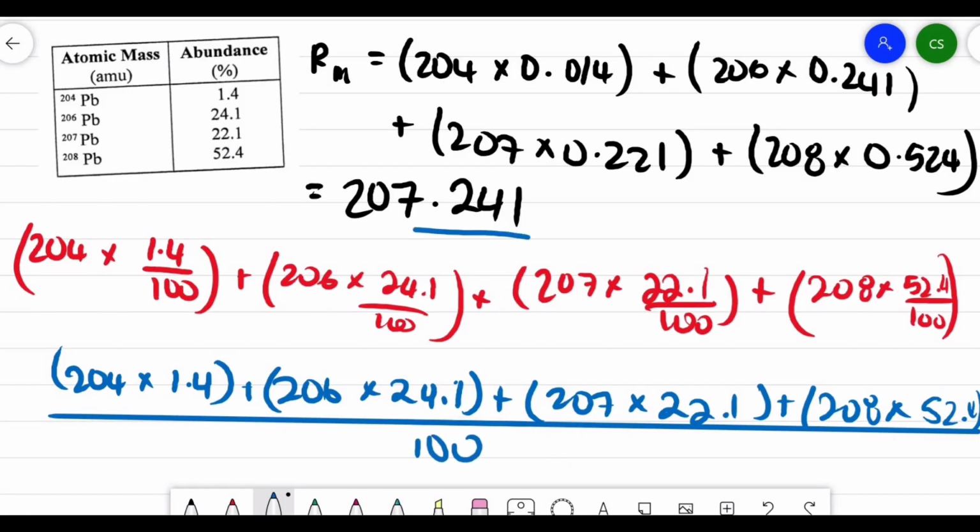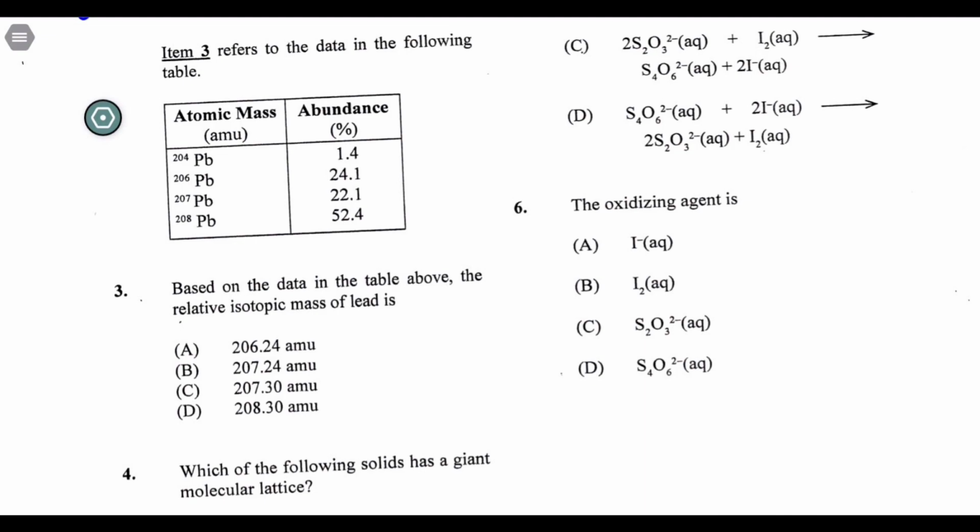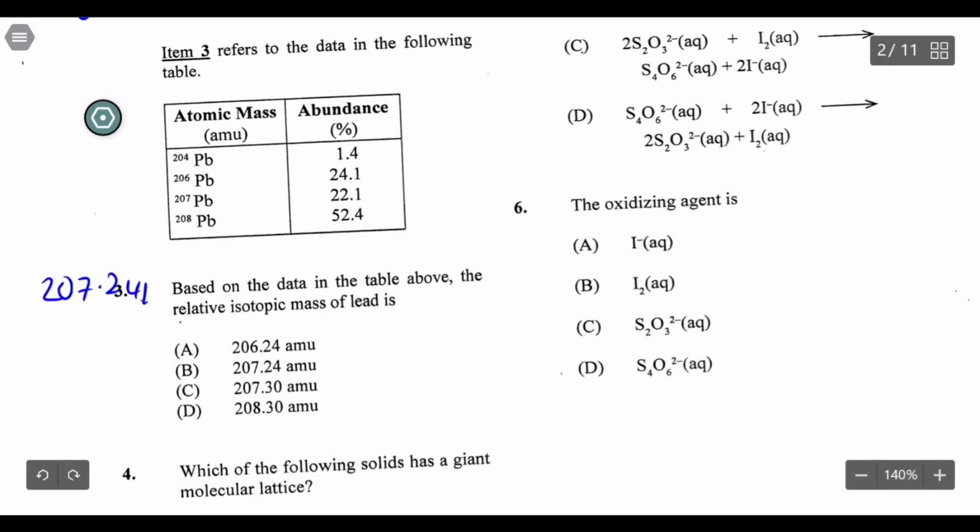Anyways, we had deduced that the answer is 207.241. So looking for 207.241 atomic mass units, you will see that 207.24 is your most suitable answer.